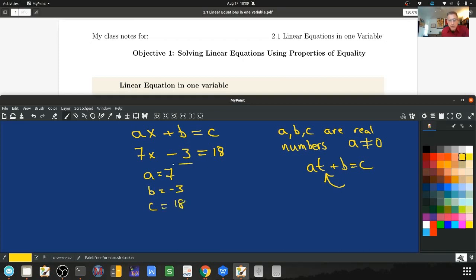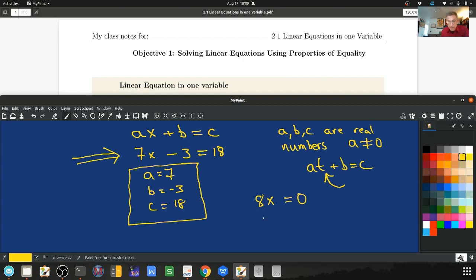Now, you're not ever going to be asked to identify the a's and the b's and the c's, but you should be able to look at an equation and say, that's a linear equation, and it's in the variable x. 8x is equal to 0 is also a linear equation in one variable.